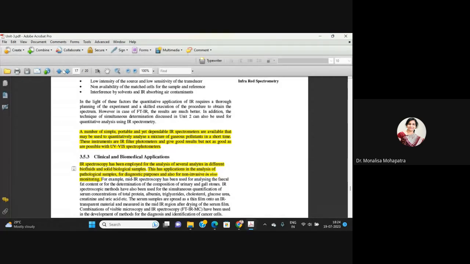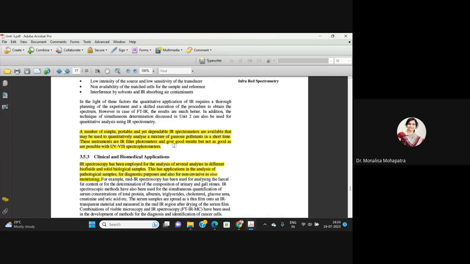So these instruments are IR filter photometers and give good results, but not as good as possible for UV visible spectrophotometer. Quantitative parts, you can get more good information in UV visible spectrophotometer.